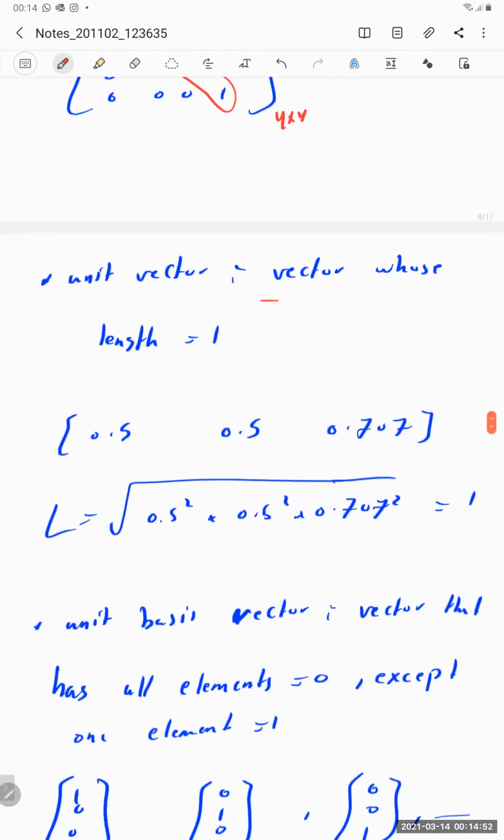A unit vector is a vector whose length equals 1, like this one squared plus this one squared plus this one squared, and the square root equals 1.